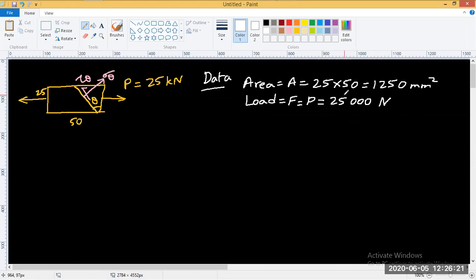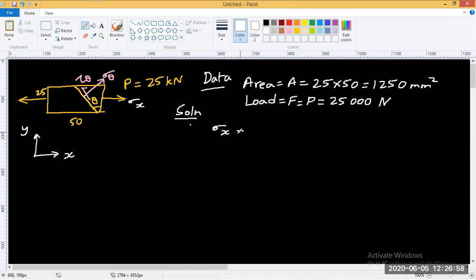Now, how would you come about the equation? First, let's find the normal stress. This is the load which is acting. If you were to find the normal stress, sigma x, what is the stress along the x direction? This is your x and this is your y. The stress going this way we'll take as positive. This is the solution part.